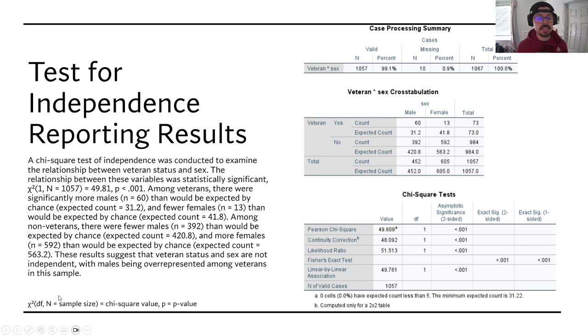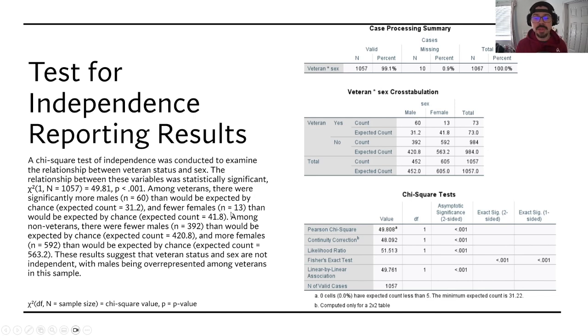And so I left the, call it a formula, if you will, for where each of these pieces of information is coming from. Among veterans, there were significantly more males, n equals 60, than would be expected by chance, expected equals 31.2. So we're drawing those pieces of information from our table.